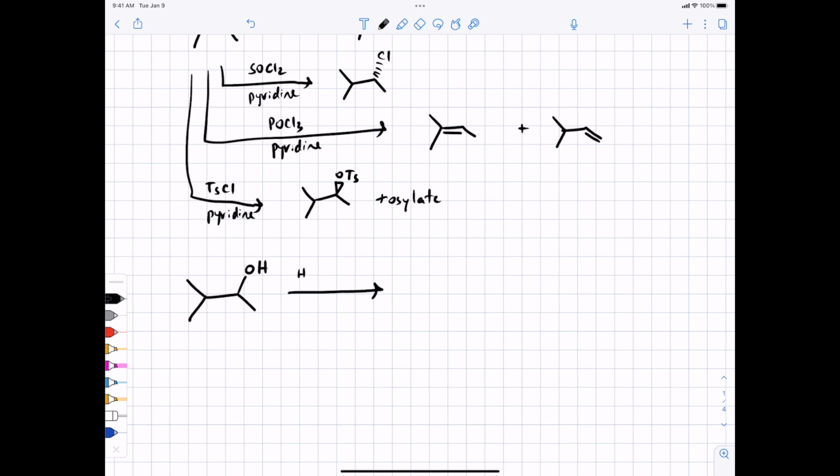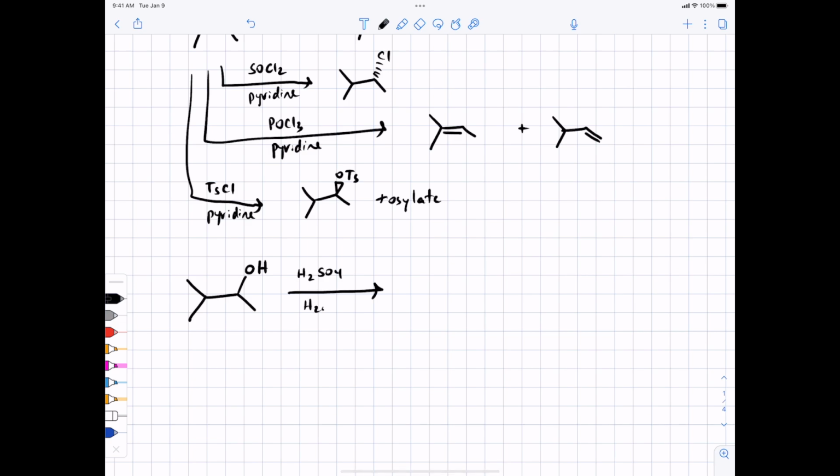So your text uses H2SO4, that's sulfuric acid. By the way, all of these concentrated acids, HCl, HBr, H2SO4, if you go to the stockroom and buy a bottle of these, they come in water. So you can always assume that water is present when you're using those acids because you can't buy them without water.